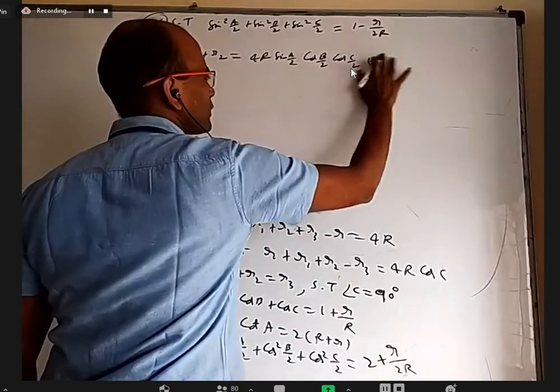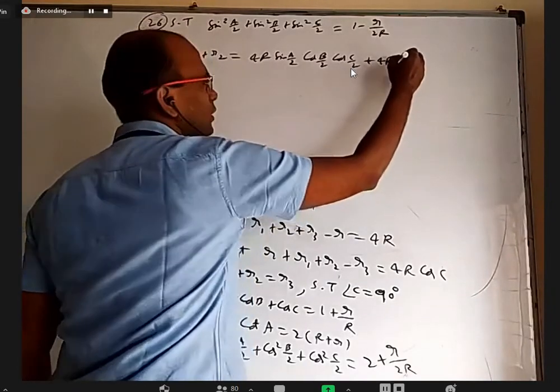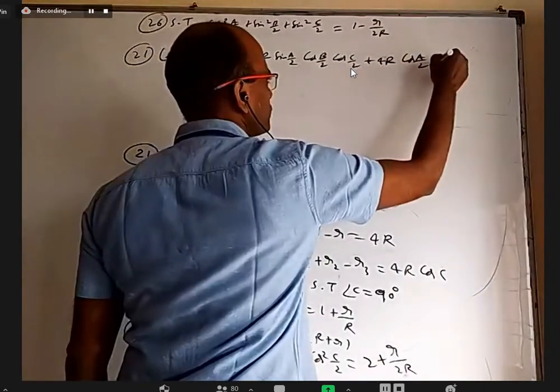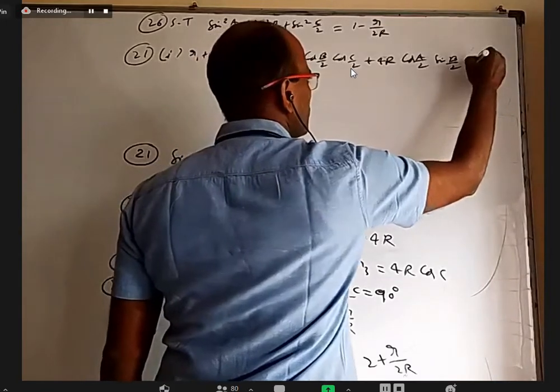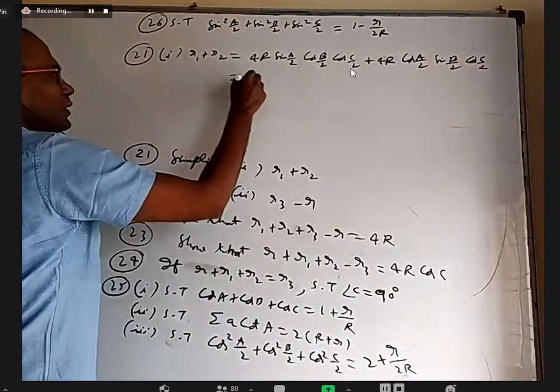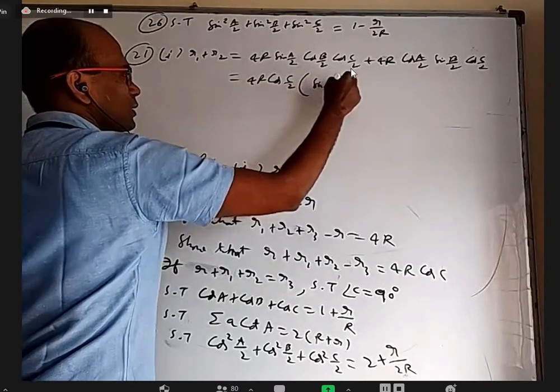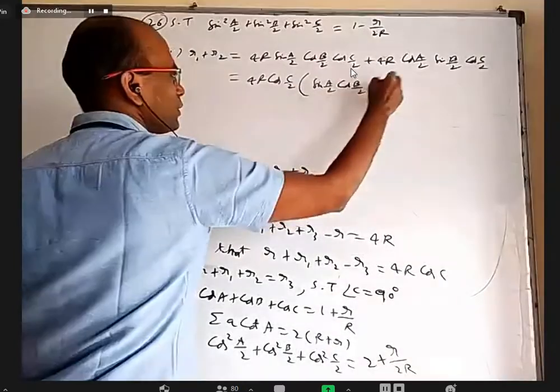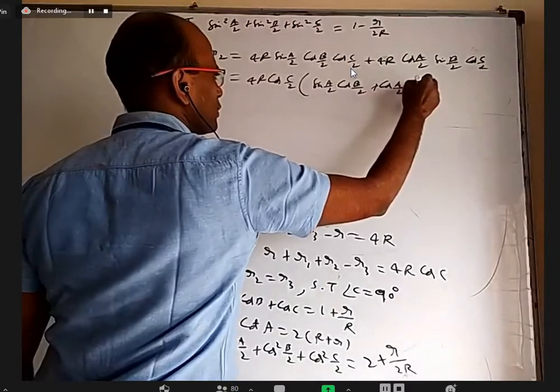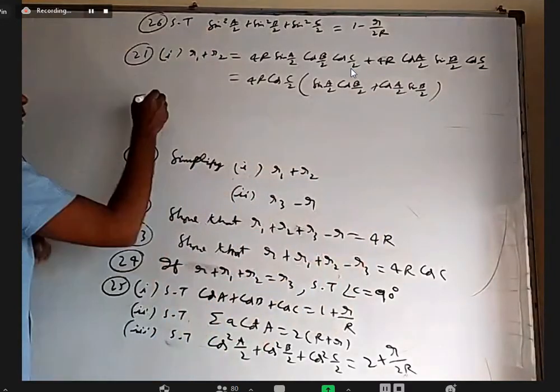This is 4 capital R cos A by 2, sin B by 2, cos C by 2. I can take 4R cos C by 2 common. I'll get sin A by 2 cos B by 2 plus cos A by 2 sin B by 2.